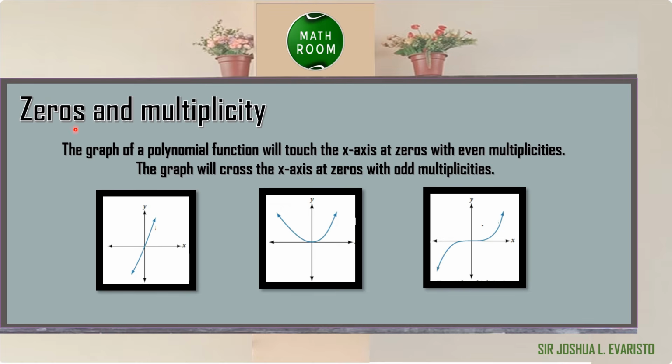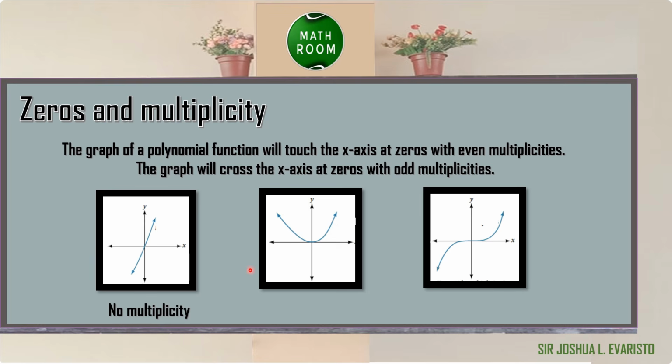We're going to talk about zeros and multiplicity. The graph of a polynomial function will touch the x-axis at zeros with even multiplicities, while the graph will cross the x-axis at zeros with odd multiplicity. The first figure illustrates a function with multiplicity 1, where it only crosses the x-axis.